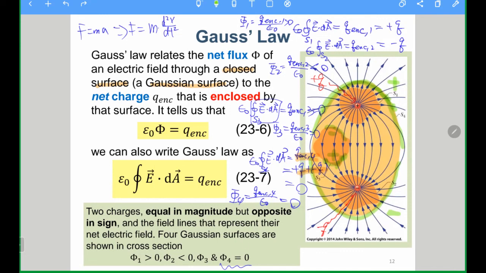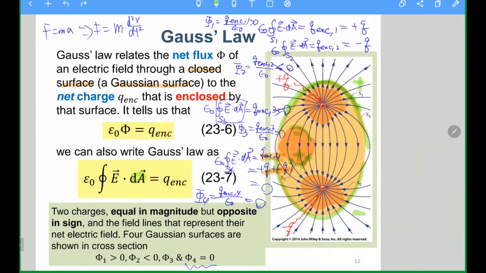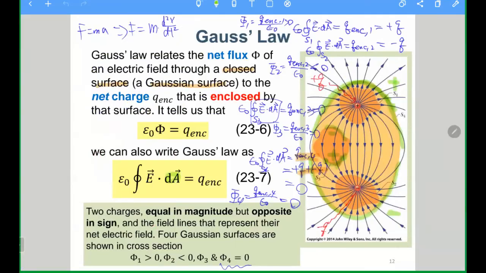For the Gaussian surface, we always define dA to be pointing outside, so the direction pointing outside is the positive direction, and the direction pointing inside is a negative direction. And so is the flux. If the flux is going outside, then the flux is positive. If the flux is going inside, then the flux is negative. So this is the basic idea of Gauss law.